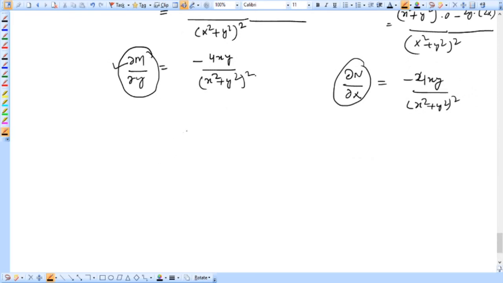Therefore the given differential equation has become exact.